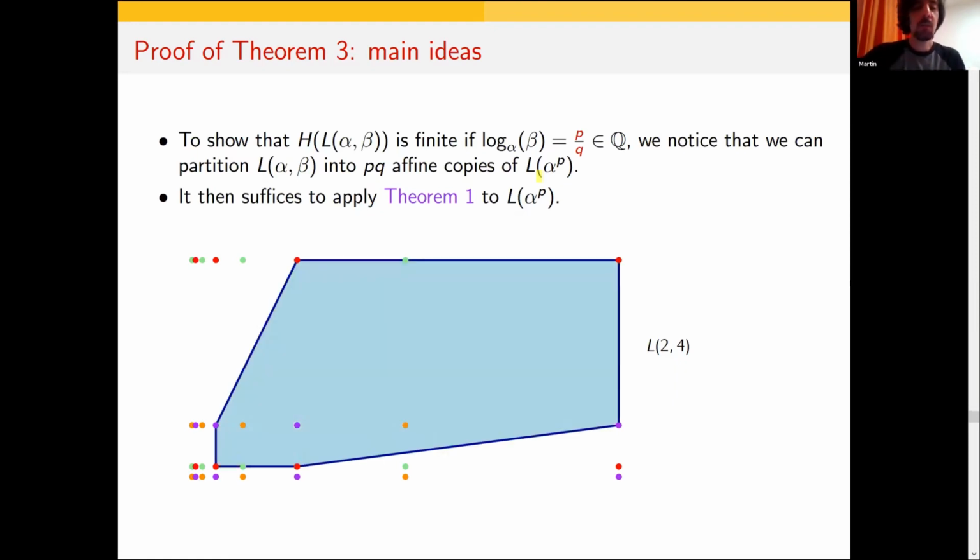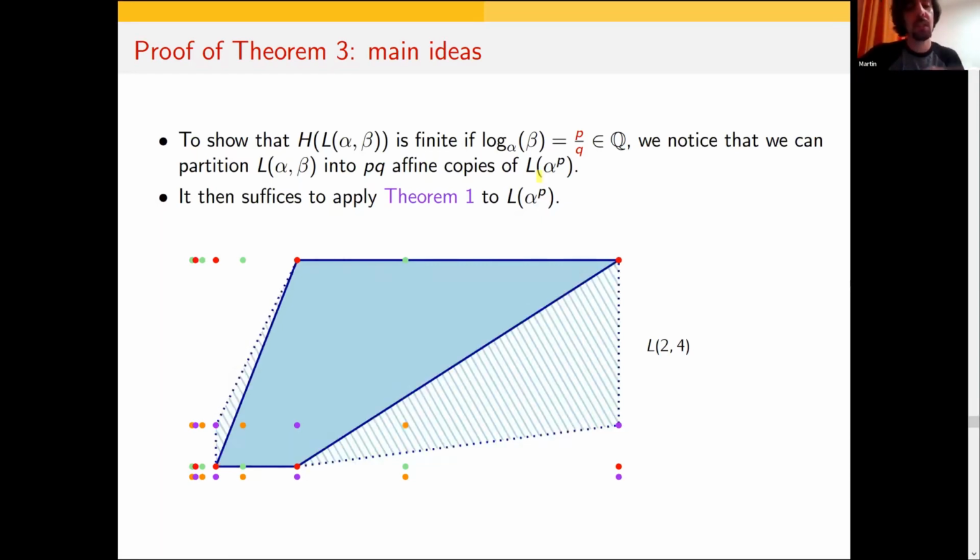And now if I have some convex polygon, which ideally is supposed to be empty in my non-diagonal lattice, then by pigeonhole, there will be some large portion which contains points from a single copy. So we will then stick to this portion. Here in this example, this is the red copy. And then we will apply theorem 1.